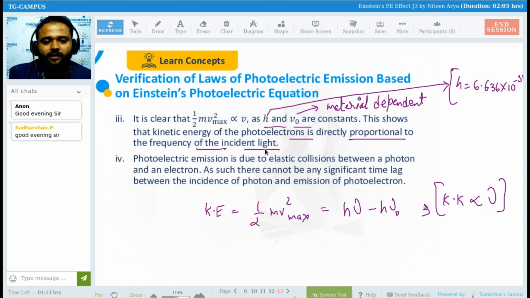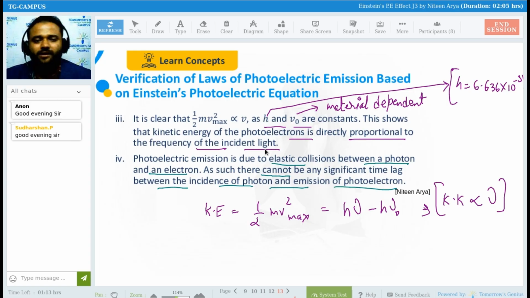The next thing: the photoelectric emission is due to elastic collision between a photon and an electron. As such, there cannot be any significant time lag between the incidence of photons and emission of photoelectrons. On a much deeper level, you can understand the photon and electron are in a state of elastic collision, and in elastic collision the transfer of kinetic energy is going to be very quick, because both momentum and kinetic energy are going to be conserved.